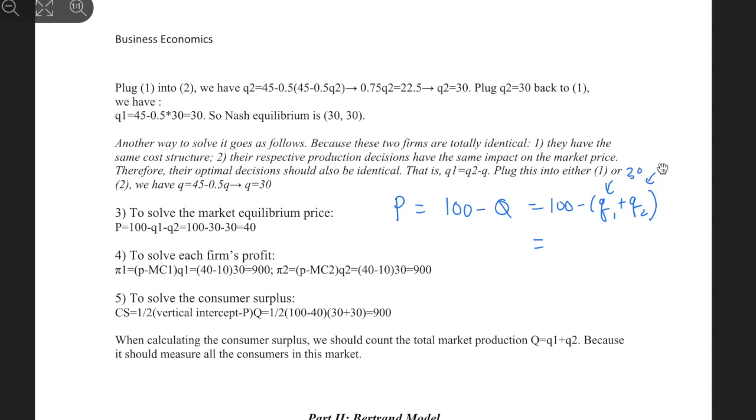We had 30 and 30, right? So P equals 100 negative 60, the total quantity Q, and we get the price of $40, right? And number 4, what is each firm's profit? So going back.